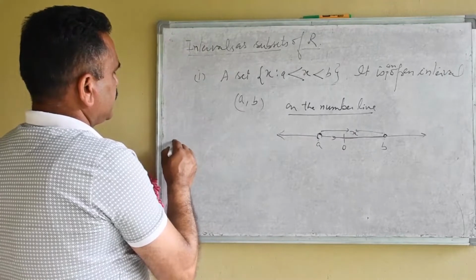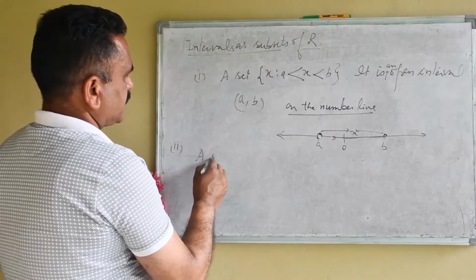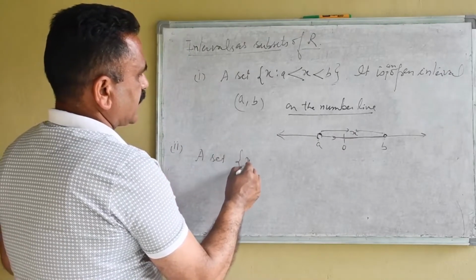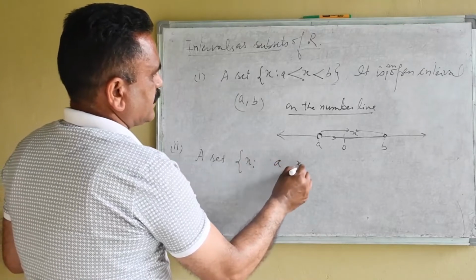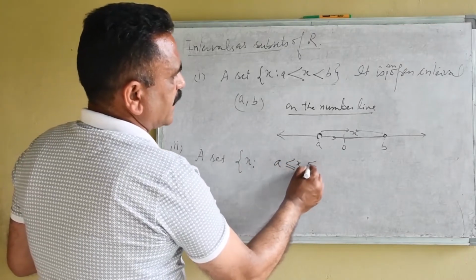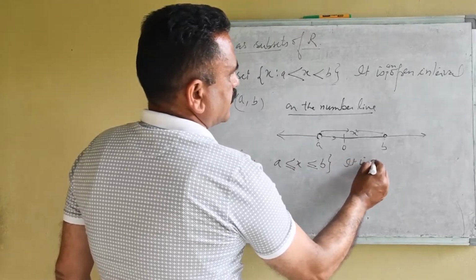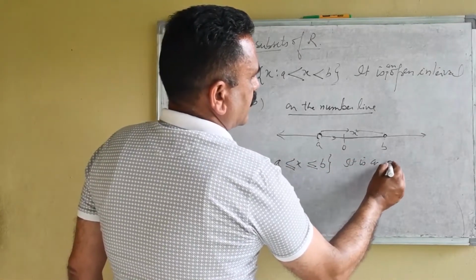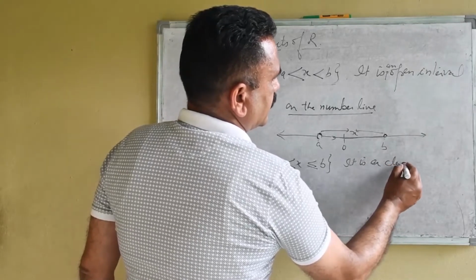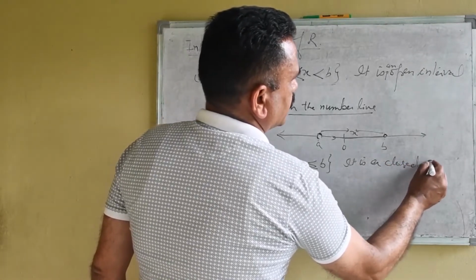Now second is a set X such that X is greater than or equal to A and less than or equal to B. It is a closed interval.